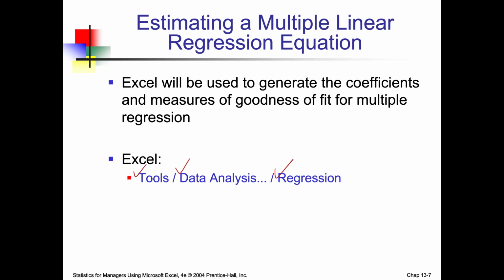We will generate all the Excel outputs, and then measure the goodness of fit, meaning is the model useful, and measure the effectiveness of the multiple linear regression model we are using here.